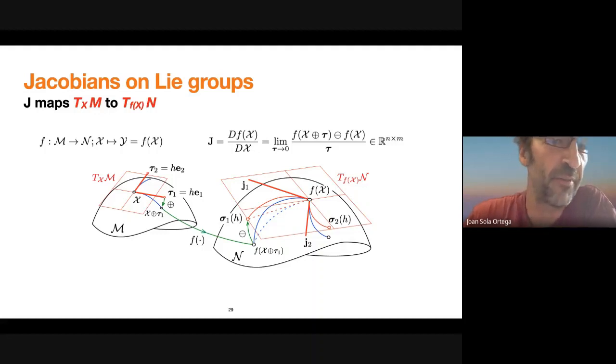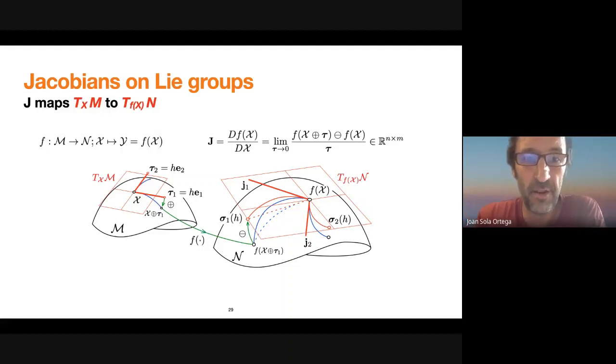In the example before, this was SO3 for the rotation matrix. And then we have an arrival space N, which in the example before was R3, the rotated vectors space. And so perturbating the matrix R was adding, for example, tau 1 with the operator plus.